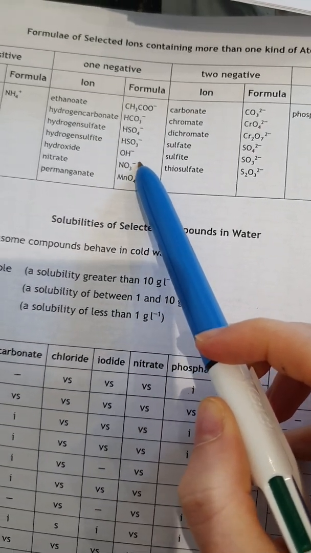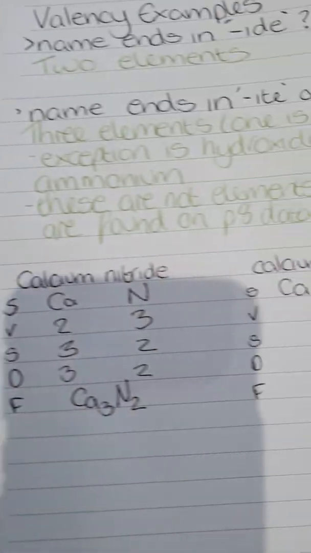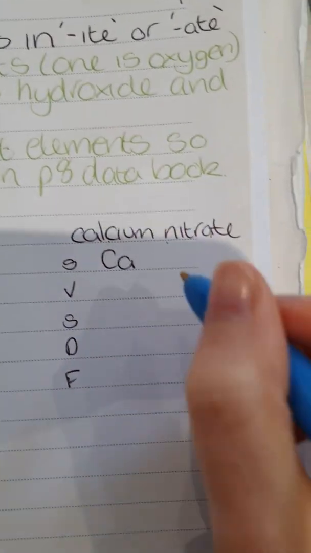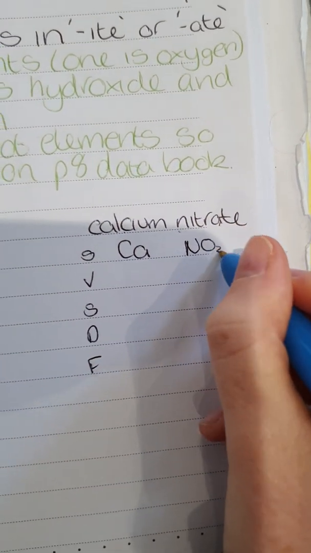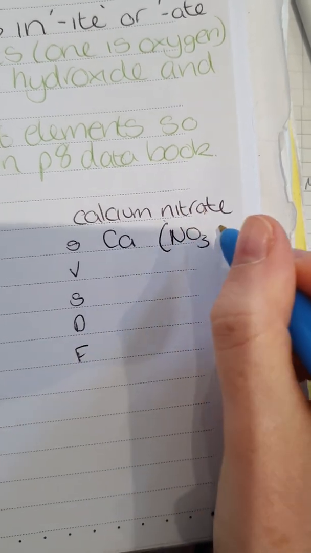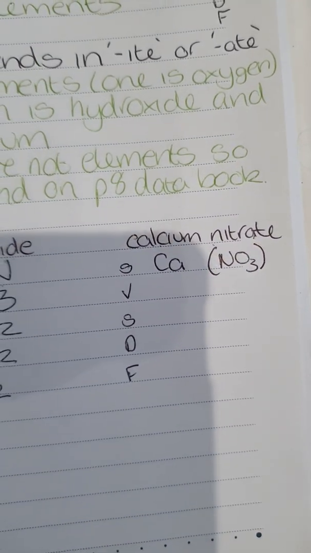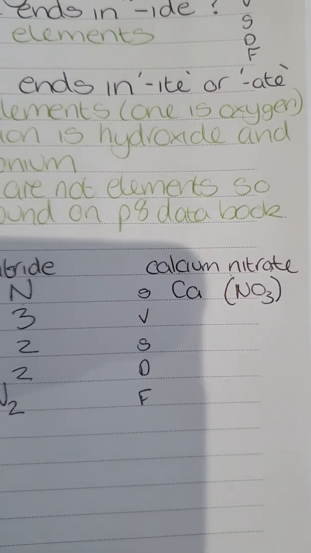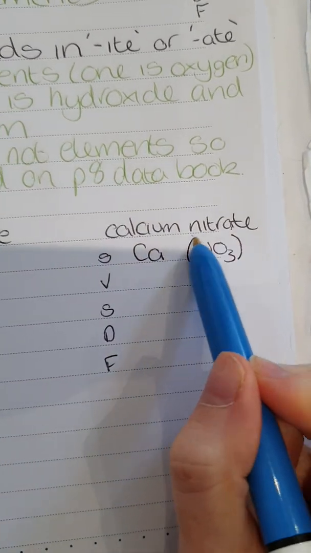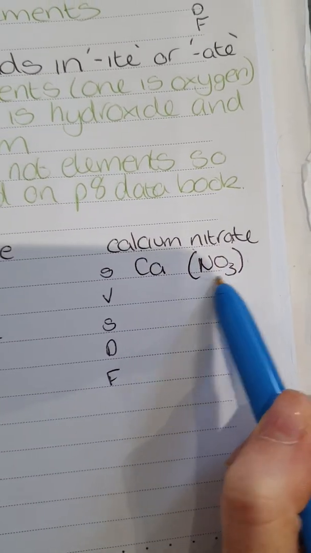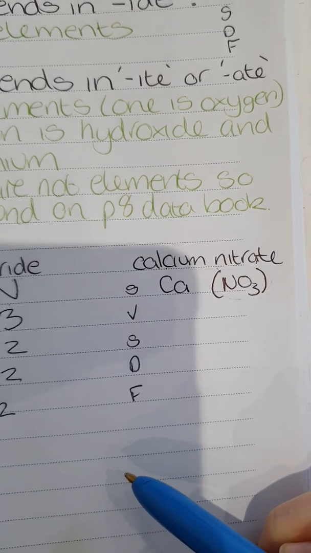NO3. Again, ignore the negative. So go back. NO3 is my symbol. Because it's on page 8, we put it in brackets. Nothing else goes in brackets, just things on page 8. And that's because we want to treat it as one thing, so we keep it in one set of brackets.